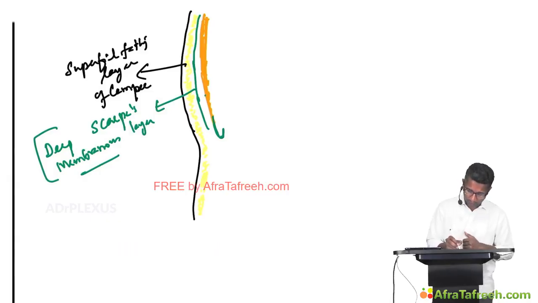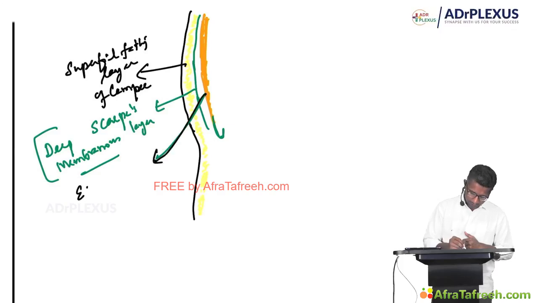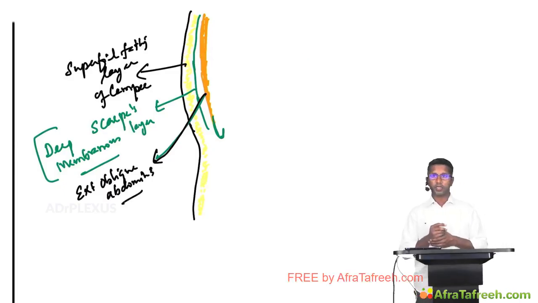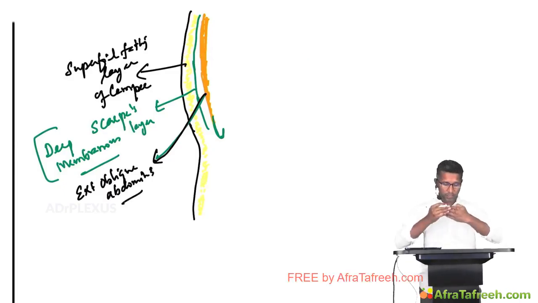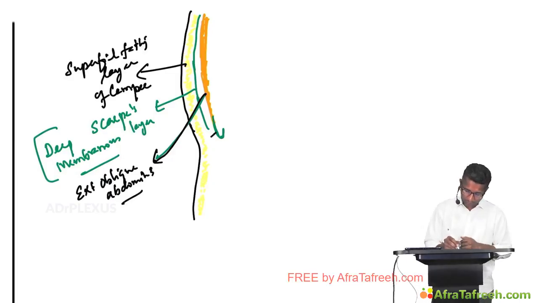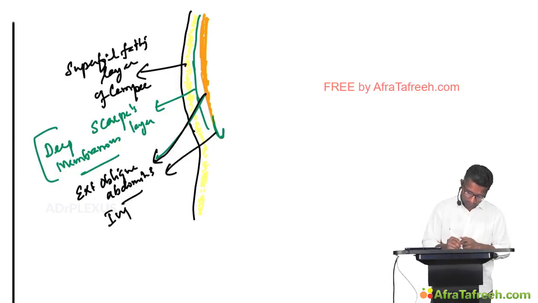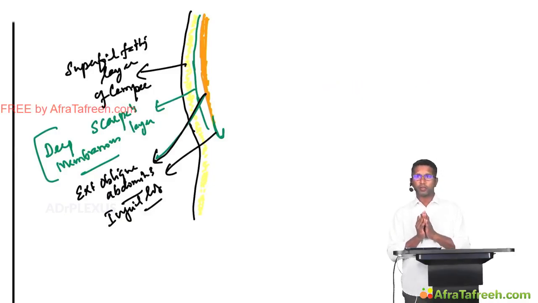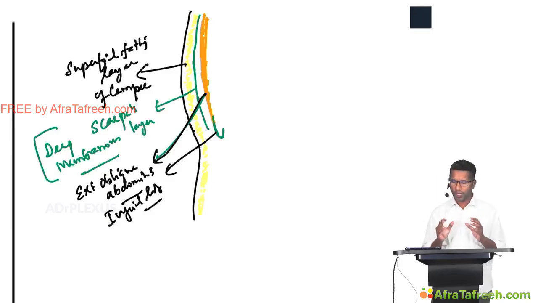This is the external oblique abdominis muscle, and it bends down and forms a ligament. What is this ligament called? This is called the inguinal ligament. I am not going to talk about the inguinal ligament now, you just have to understand that the inguinal ligament is formed by the aponeurosis of the external oblique abdominis muscle. This is very important, guys.